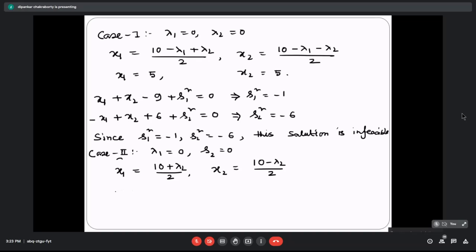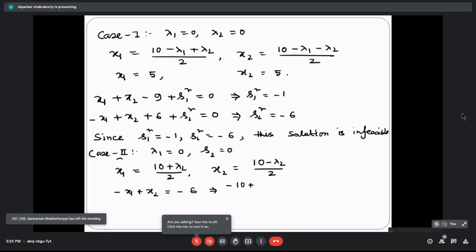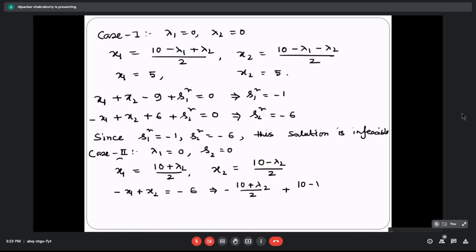So what is going to come? As s2 is 0, it is going to come as minus x1 plus x2 equal to minus 6, and minus x1 means minus (10 plus lambda 2) divided by 2 plus (10 minus lambda 2) divided by 2 is equal to minus 6.